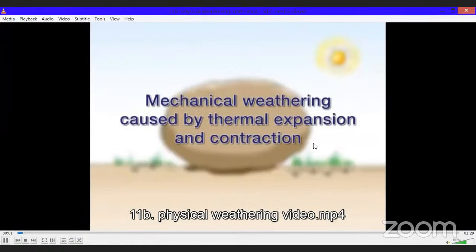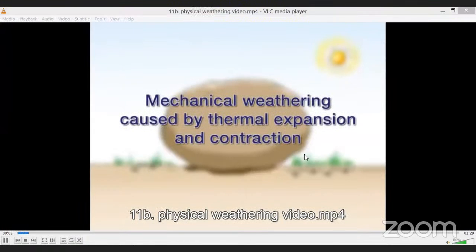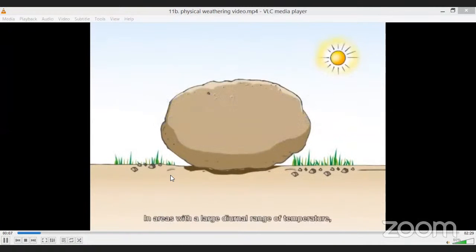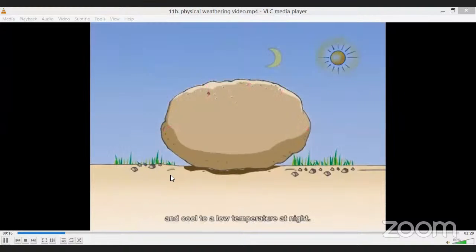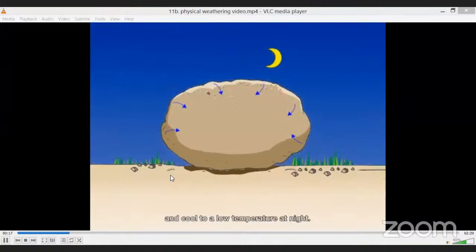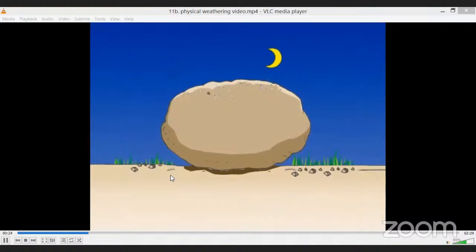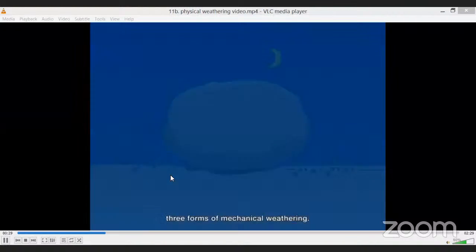Mechanical weathering caused by thermal expansion and contraction. In areas with a large diurnal range of temperature, the rocks are heated up intensely during the day and cool to a low temperature at night. This results in an alternate expansion and contraction of the rocks. Thermal expansion and contraction results in three forms of mechanical weathering.